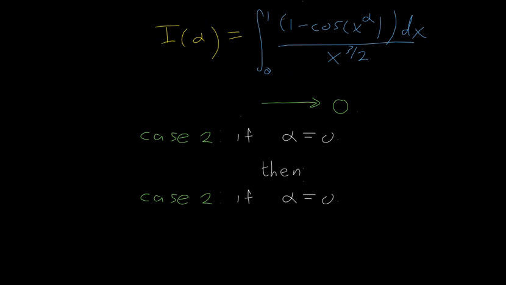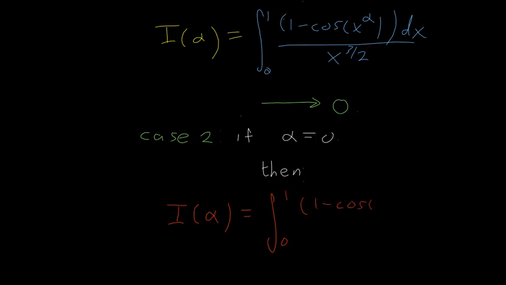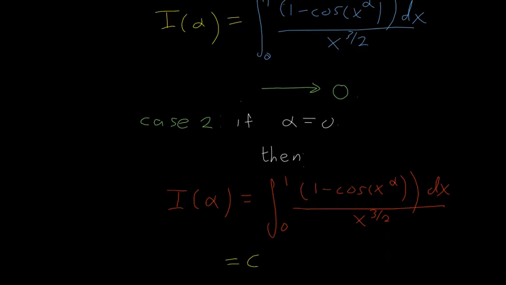If alpha is 0, then our I of alpha, which is the integral of 1 minus cos x to the alpha with respect to x over x to the 3/2, is equal to some constant. If alpha is 0, that means x to the 0, which is 1.